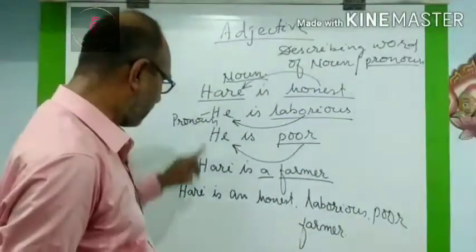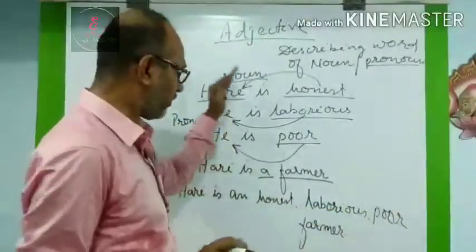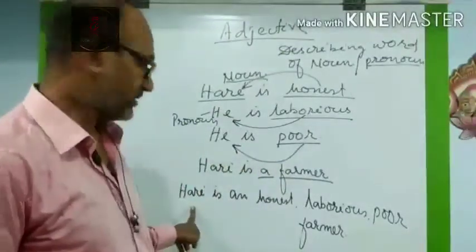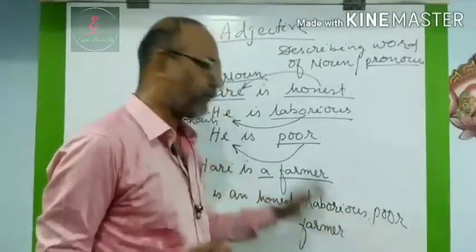Understand? When we combine all these pieces of information into one sentence, when we join all these sentences into one, we get this sentence: Hari is an honest, laborious, poor farmer.